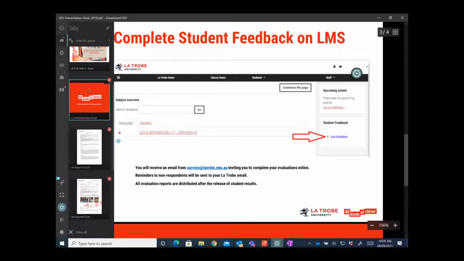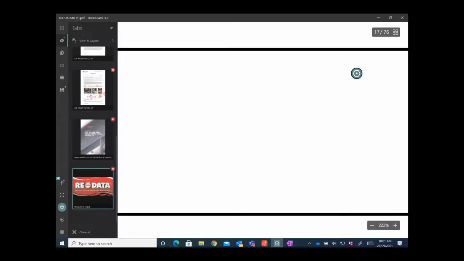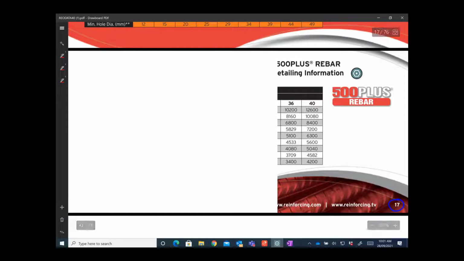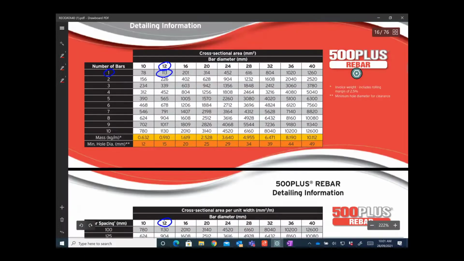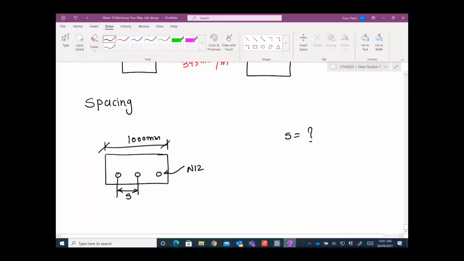Let's get that from the reo table. N12 bar, 1 bar, you have 113 millimeter square.